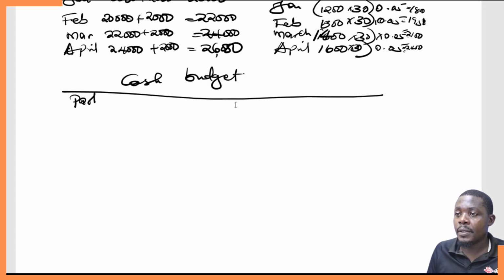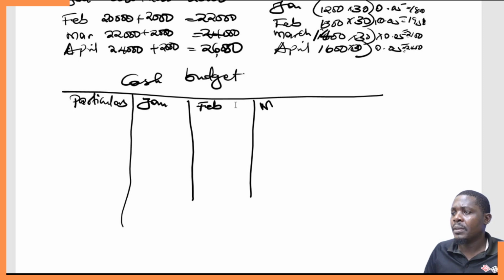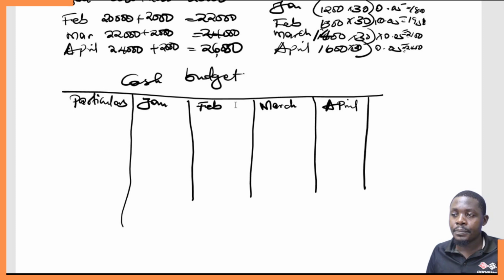These are the particulars. Then we have January, February, March, April. They are in thousands. It's better to note them.